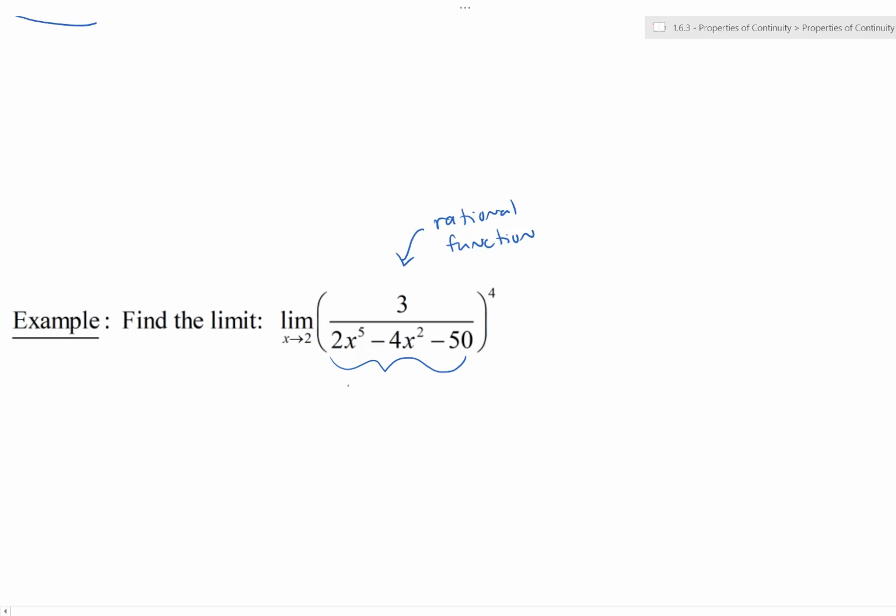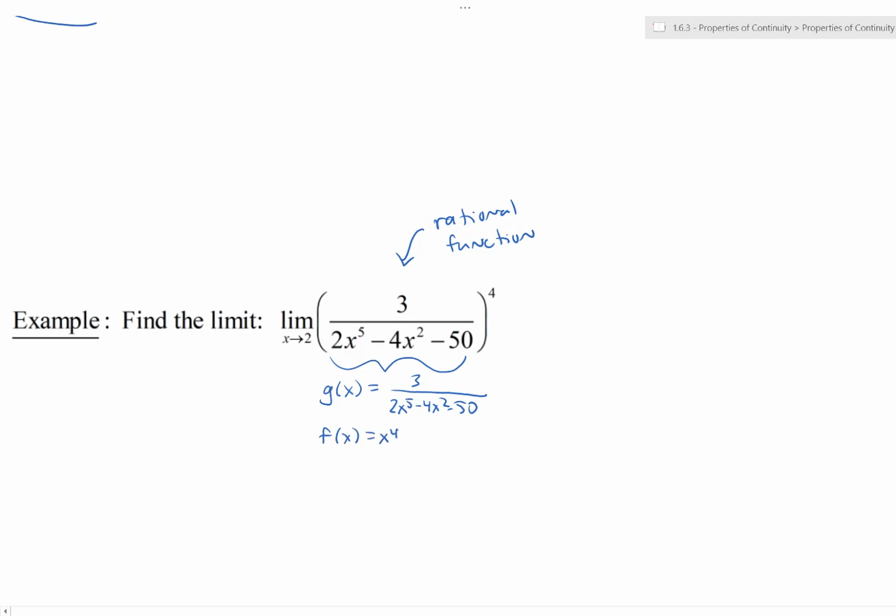Let's think of the inner function. Let's call it g of x: 3 all divided by 2x to the 5th minus 4x squared minus 50. And let's think of our f of x as x to the 4th.